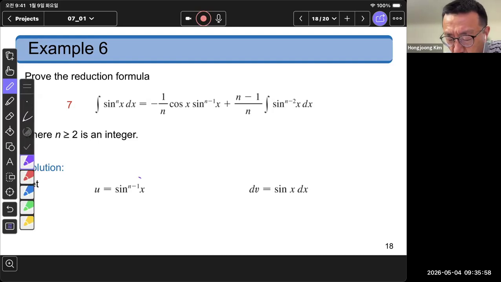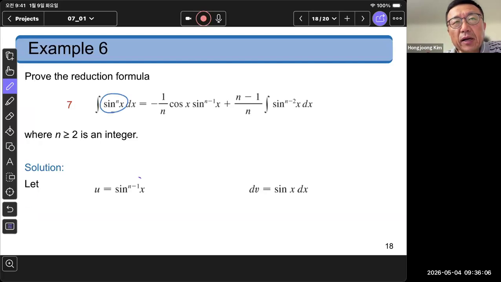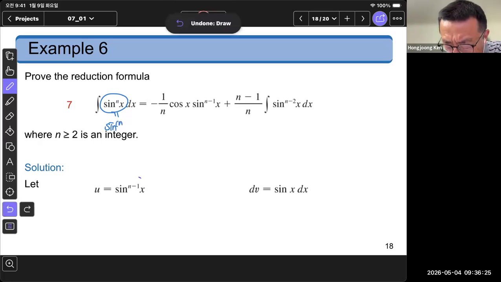So what I can do is, since I have n copies of sine x multiplied all together, I can put these n copies as n minus 1 copies times 1 copy.